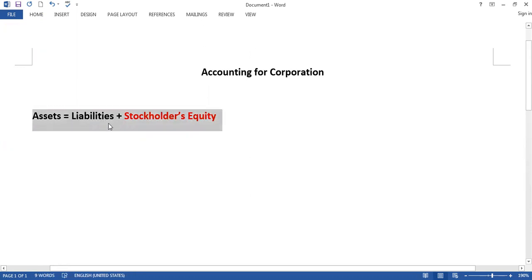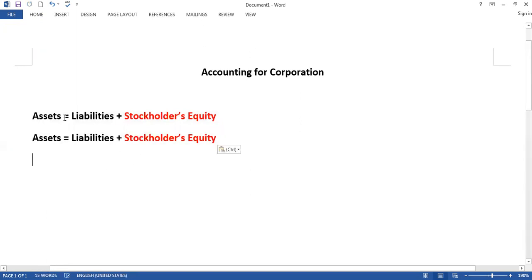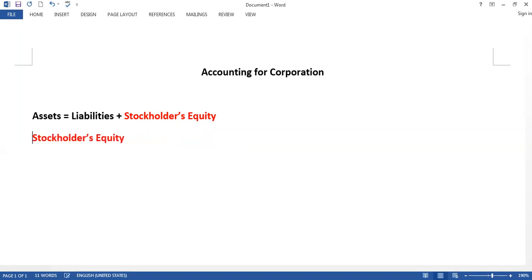So I can modify this equation like this. Before it was assets equal liabilities plus stockholders' equity. Now, as we are only going to focus on stockholders' equity, the stockholders' equity equation is stockholders' equity equal assets minus liabilities.